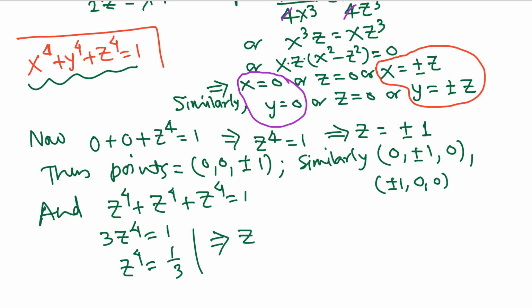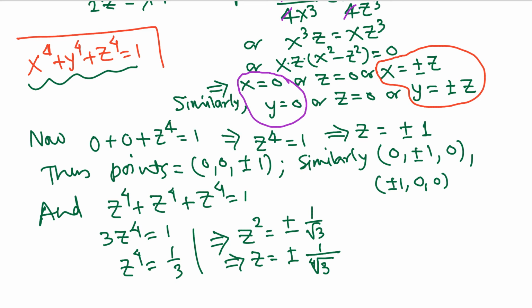Take the square root of both sides: g squared equals 1 over root 3, taking only the positive, because the square root of a negative is imaginary and we don't care about that. Take it one more time, so g equals plus or minus 1 over the square root of root 3, that is, the fourth root of 3.